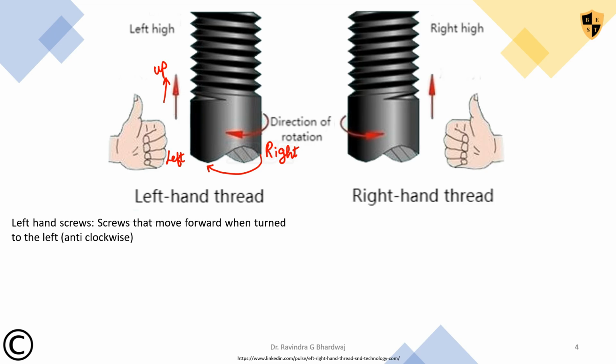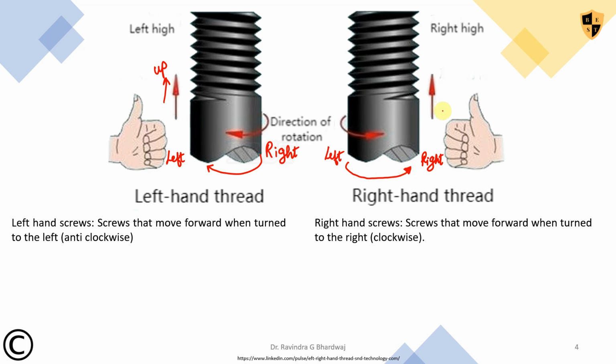If I take a right-handed screw or right-handed thread, what happens? This is the left side and this is the right side. If the screw rotates from left to right and during that rotation it moves forward, or up, it is called a right-handed screw or right-handed thread.